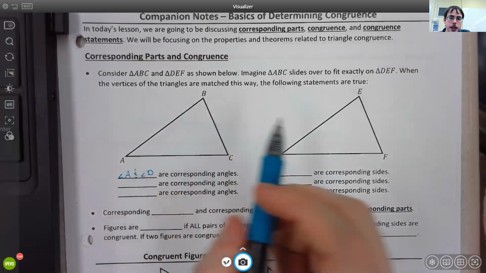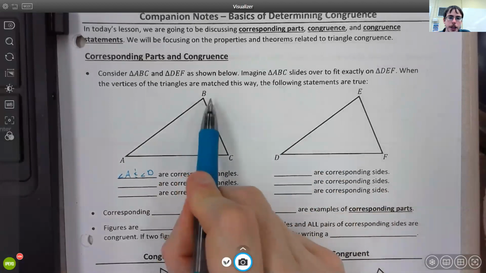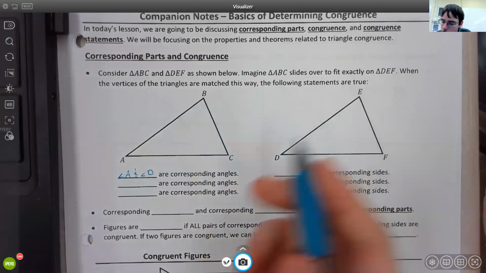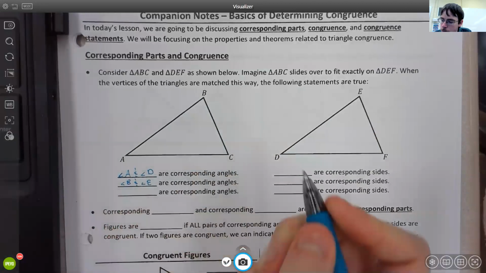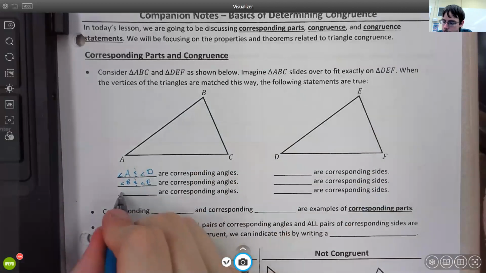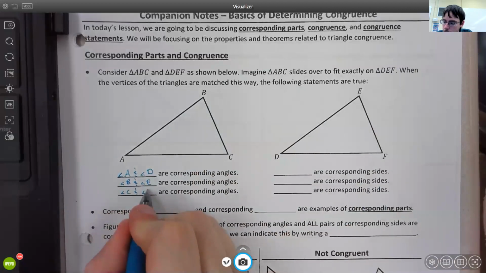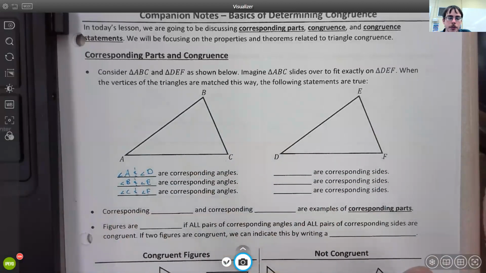All right, well, what about another pair of angles? What other pair of angles is corresponding? Well, we see B up here and E up here. Those are corresponding. And then finally, C and F. So all this is just the angles are in matching locations, okay?